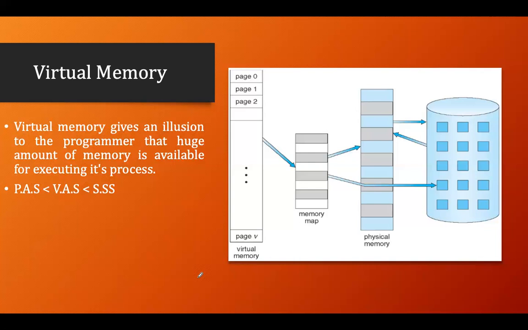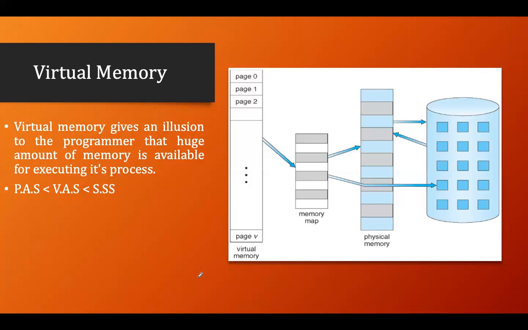Now, to take the same concept further, we have a concept called virtual memory. What is virtual memory? Virtual memory gives an illusion to the programmer that a huge amount of memory is available for executing its process. What does that mean?